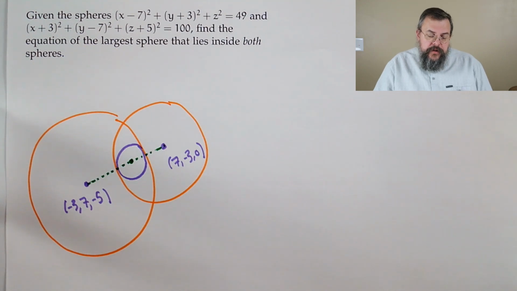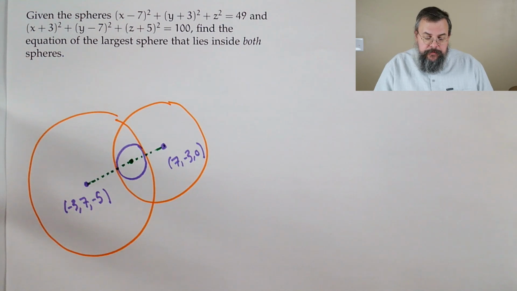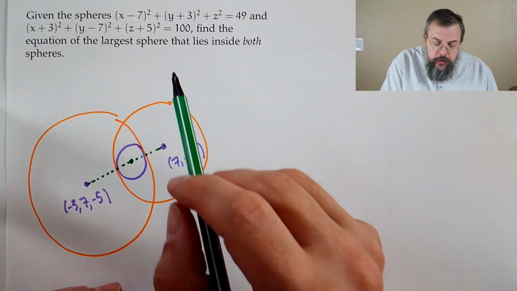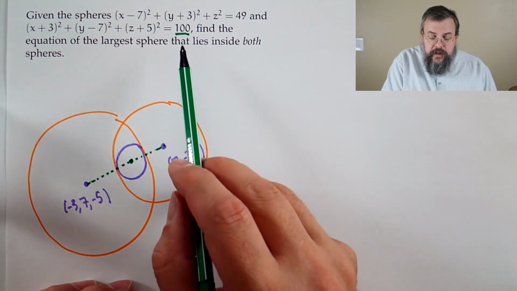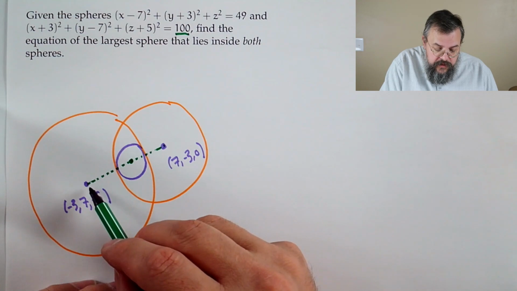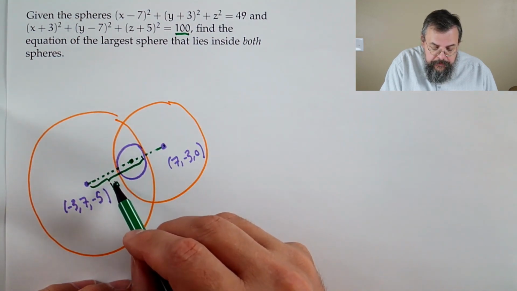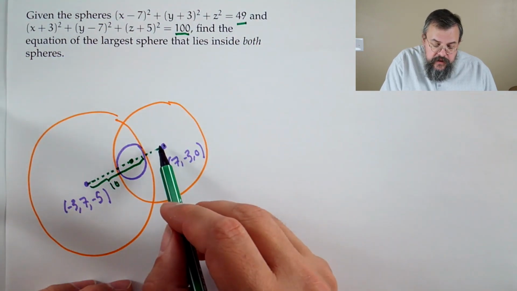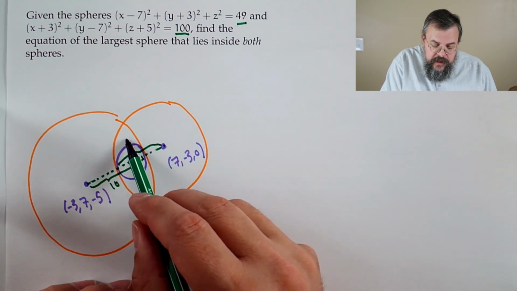Now we have to start thinking about a couple of pieces of information here. Well, let's think about what we know. We know the radius of the big sphere is 10, because see, that's 10 squared. So this distance is 10. We also know the radius of the small sphere is 7. So that says from the small center out to the edge, that's 7.